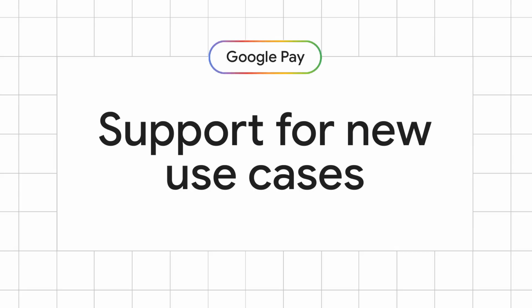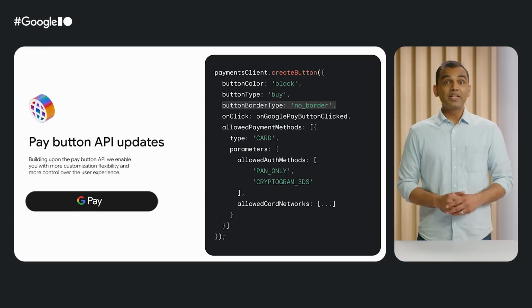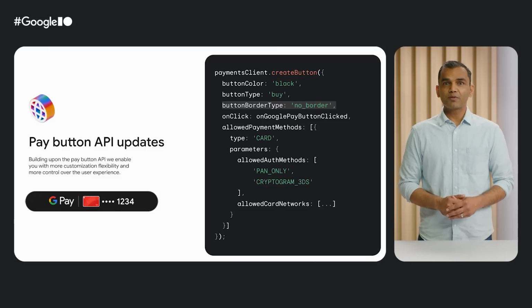We introduced the Pay button for Android last year, and you saw an increase in sales when users saw their card identifying information on the button. We have not only revamped the experience, but have added more customization flexibility and are providing you with more control.